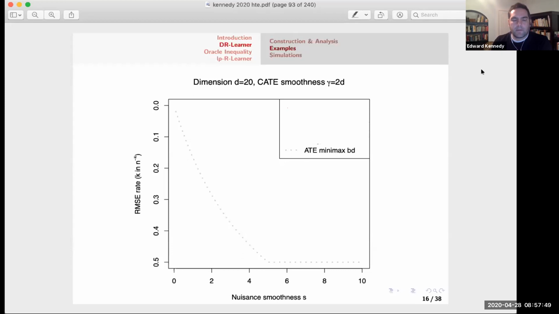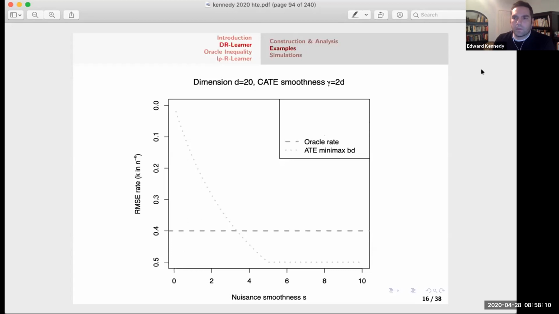This is also the classic minimax rate for functional estimation: n to the minus 4s over 4s plus d. This won't be attainable for the conditional effect, which is a harder statistical problem, but I'm putting it here just for reference so we can see how things compare.